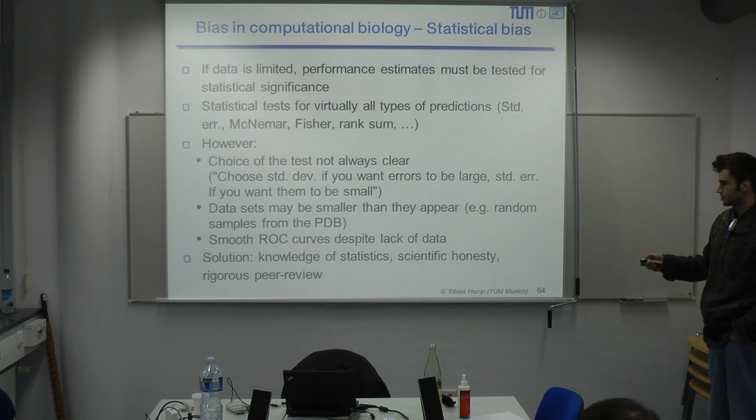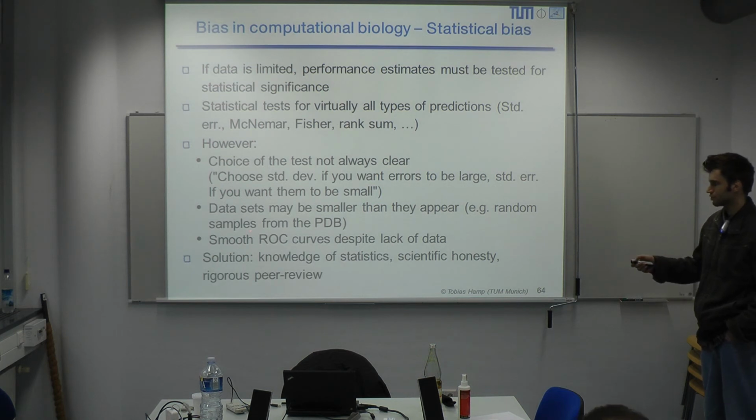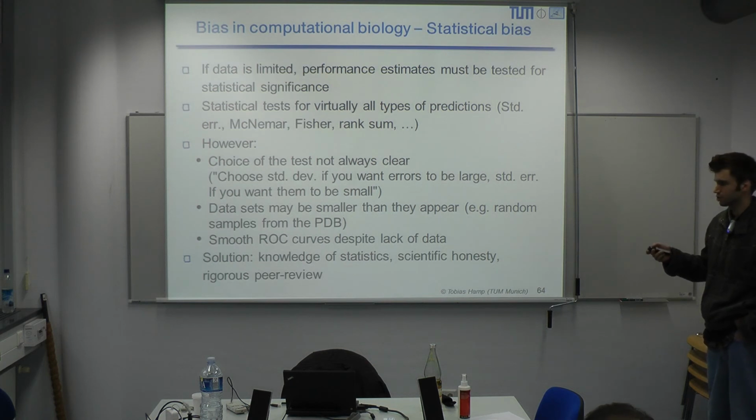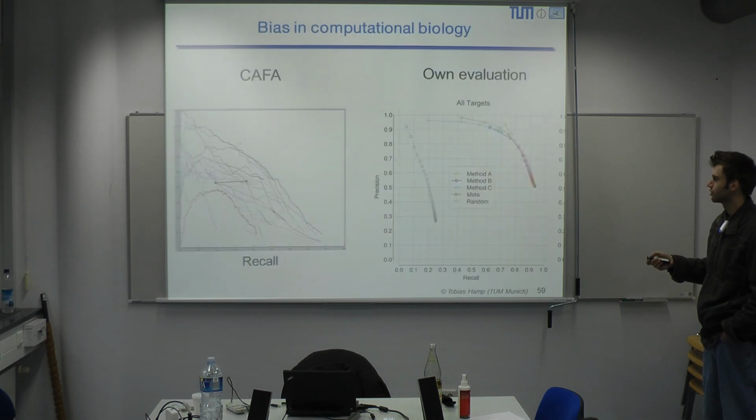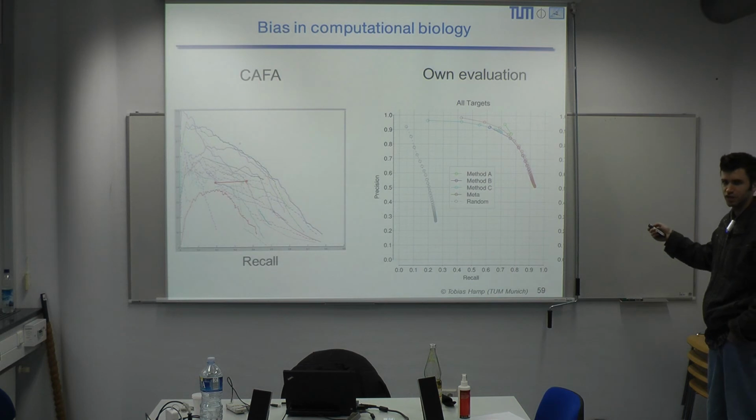And also an interesting fact about the difference of ROC curves and recall precision curves is that ROC curves always look smooth, so they can never decrease. This is because of the way they are calculated. Whereas with recall precision curves, you see the underlying sample size by fluctuations in the curve. So if you compare this again, these are very smooth curves based on 10,000 samples.